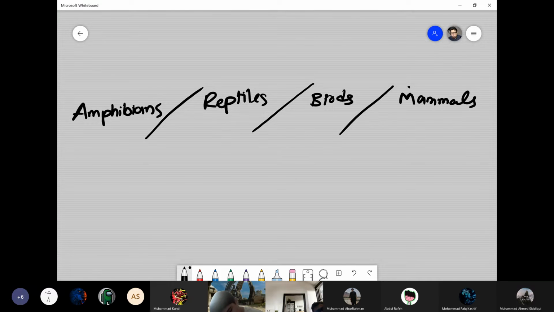Now boys, who will tell me how many chambers of the heart are in amphibians? Sir, 3. Yes. Amphibians have three chambers of the heart.